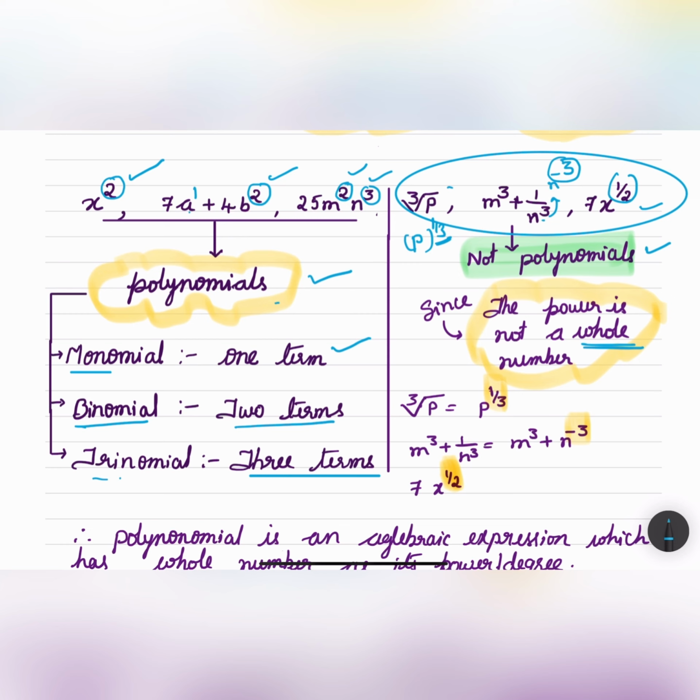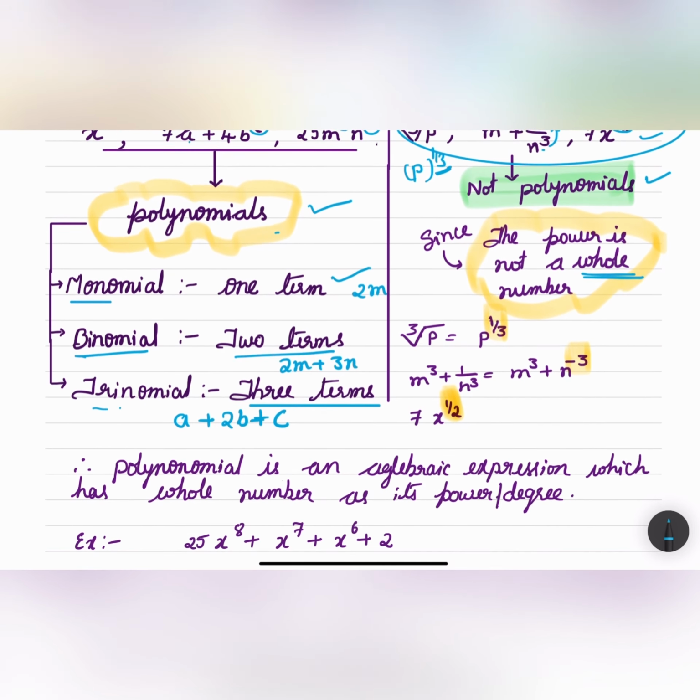One term: 2m is an example of a monomial. 2 terms: 2m plus 3n is a binomial. 3 terms: a plus 2b minus c is a trinomial. I can take plus also.